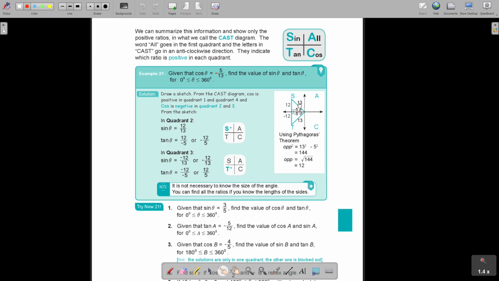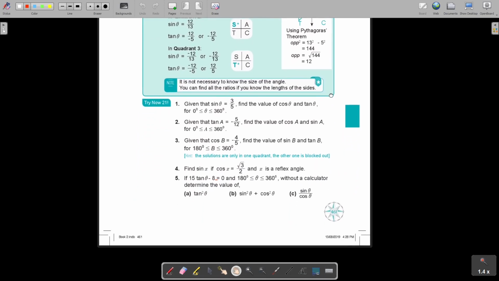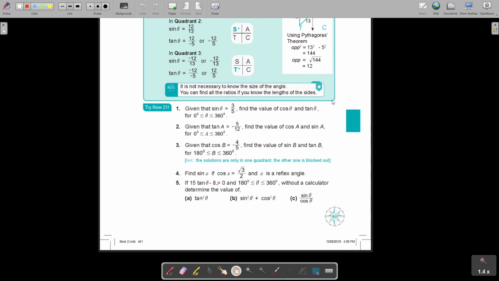Okay, the reason why I'm showing you this is I want you to look at this equation, which was a bit more complicated, because that's going to help us. Page 461, number 5. I'm not going to do it. I just want to show you how to make tan theta the subject of the formula. In this case, it was 15 tan theta minus 8 equals 0.